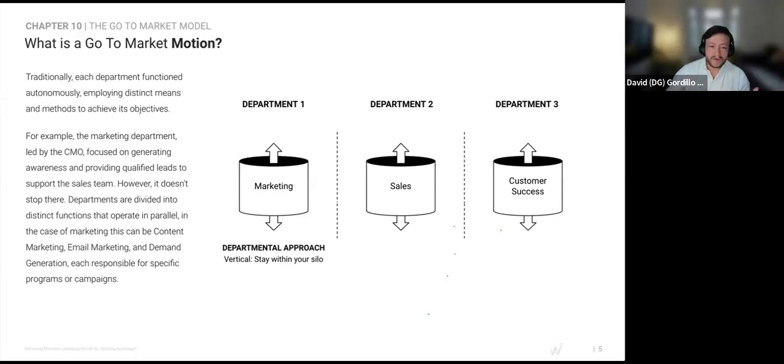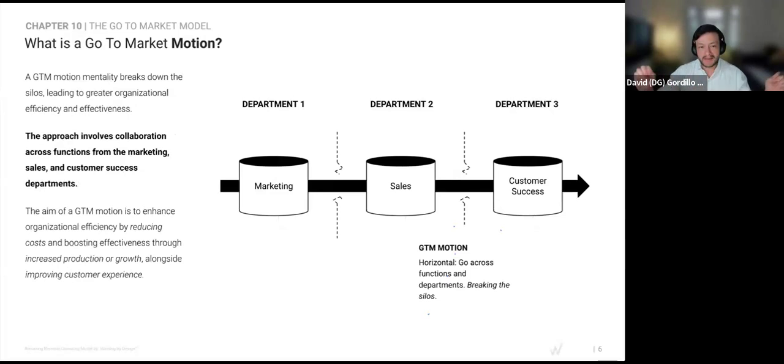So the idea of a go-to-market motion is to break those interfaces and align the different departments of a go-to-market organization that are going to service one particular ICP, an ideal customer profile.